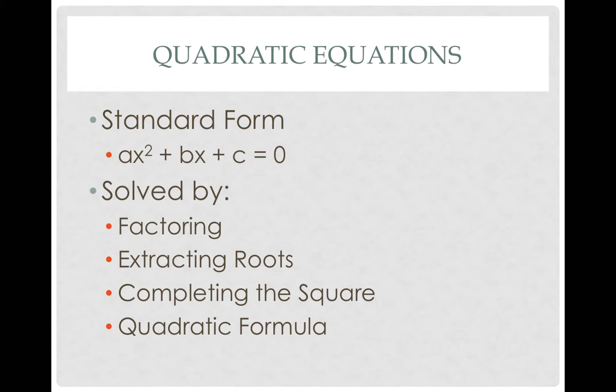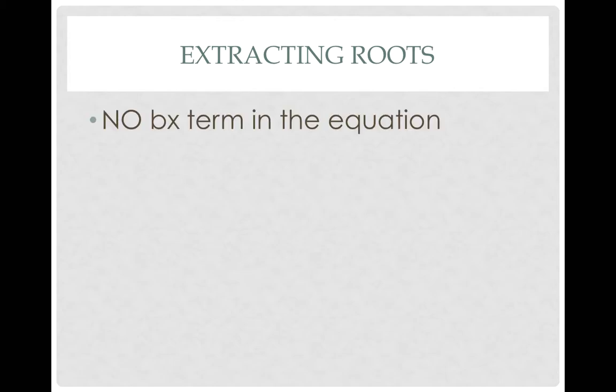So a lot of what you're going to be doing today is solve by factoring, or solve by extracting roots, or solve by completing the square, or solve by using the quadratic formula. So let's start with extracting roots. This is what everybody wants to do, but it's usually not actually the case.